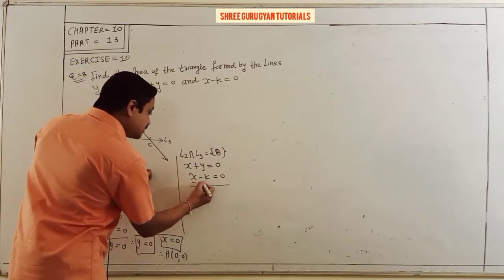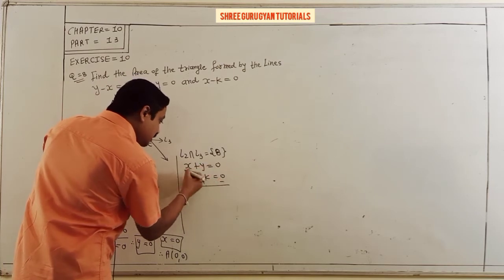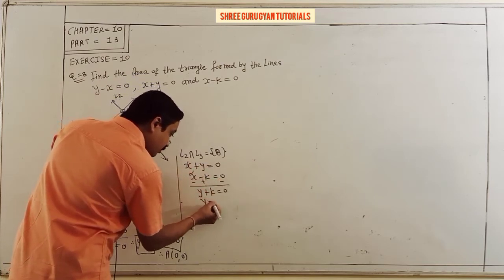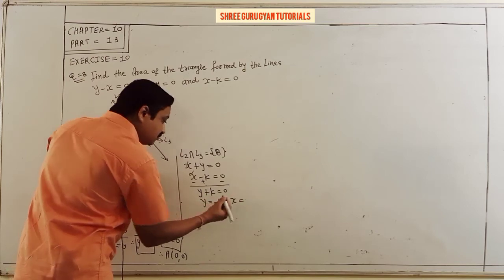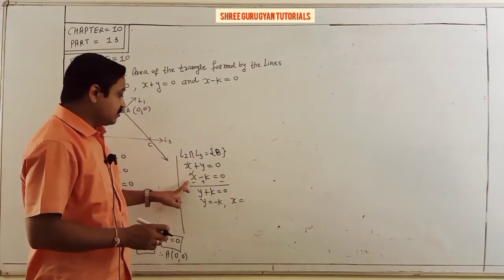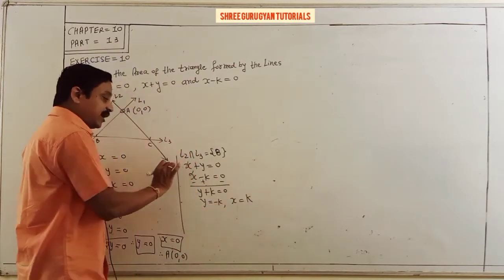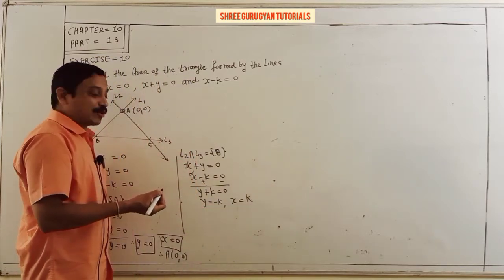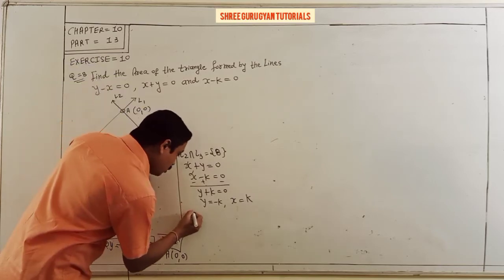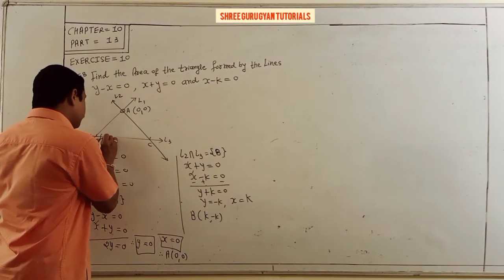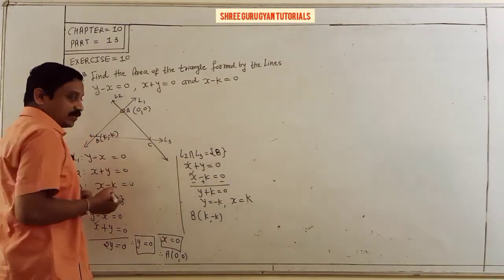That is minus, plus, and the x cancels: y plus k, so y becomes minus k. Then x becomes k. So your B coordinate is ready: k comma minus k.